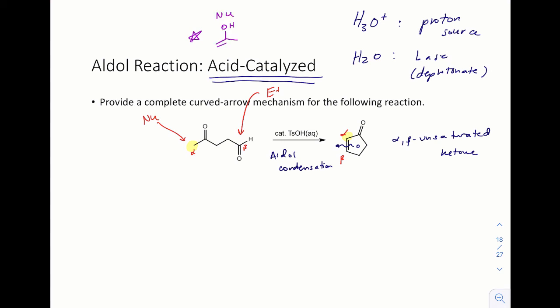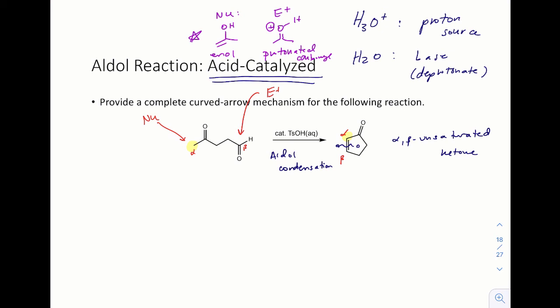We know that carbonyls are in equilibrium with their enol forms under acidic aqueous conditions, and it's no different in this case. So the nucleophile will be the enol, and the electrophile will actually be the protonated carbonyl compound. Those are the two big differences between the aldol condensation under base catalyzed conditions versus acid catalyzed conditions.